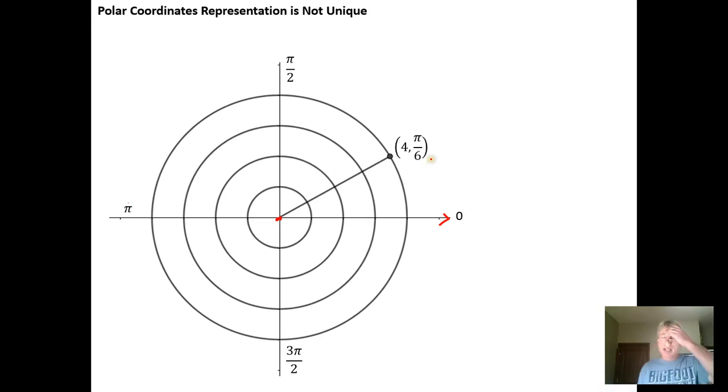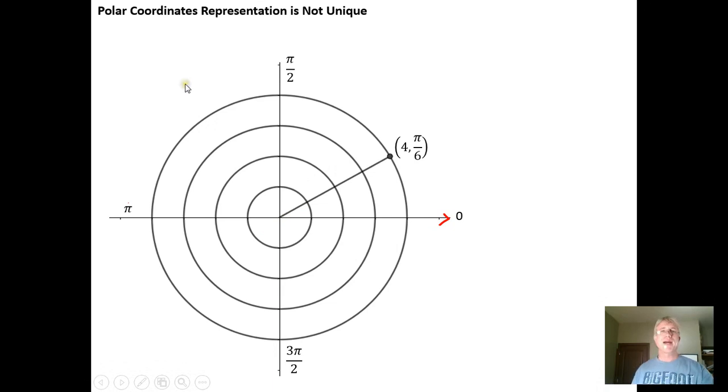And we want to think about the polar coordinate system as being a set of concentric circles centered at the pole or the origin. And then you shoot radial lines out from the origin, and you can make graph paper with radial lines and concentric circles.